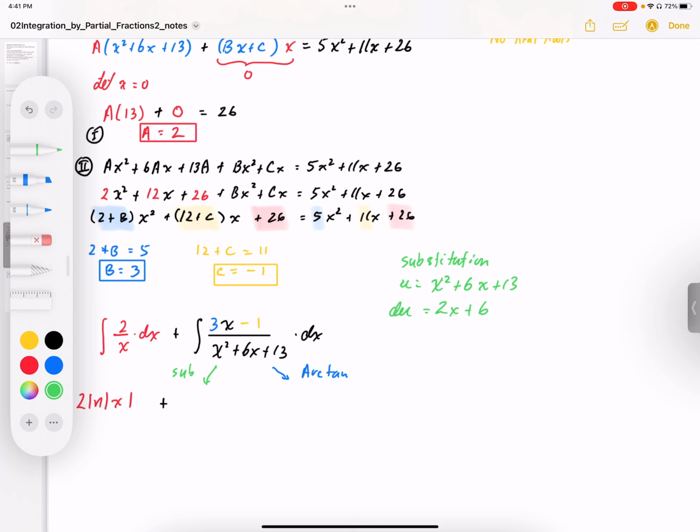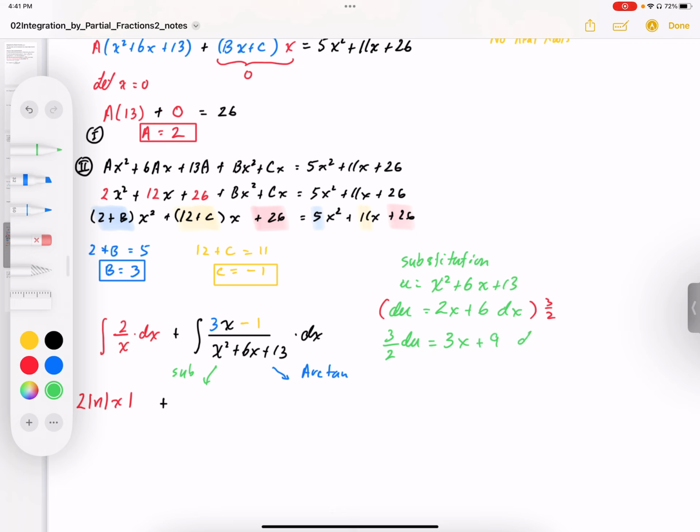Now, we needed to match the 3x, and then we can account for the extra constant term separately, and that term is going to end up in the arctan portion. So I'm going to take this and multiply it by 3 over 2, that's going to give me 3 over 2 du, and that's going to give me the 3x that I need, and then when I multiply 6 times 3 over 2, I get plus 9.